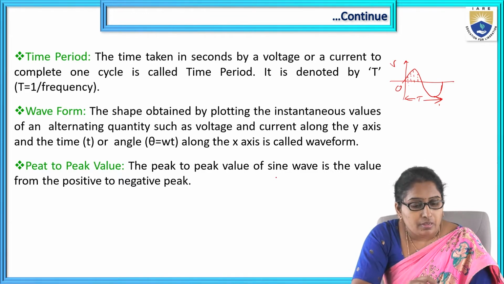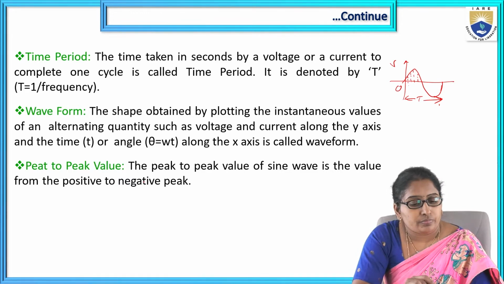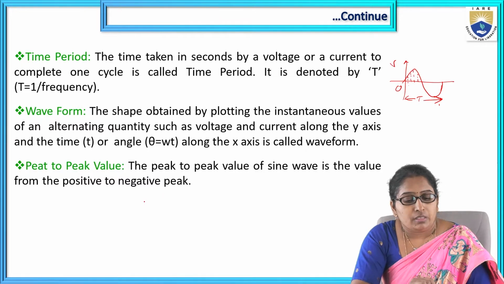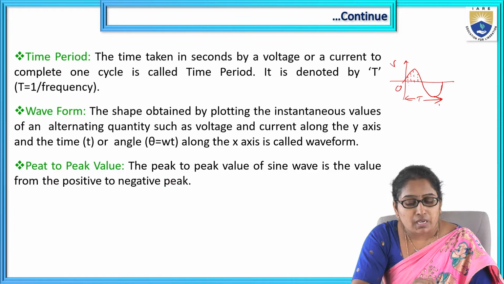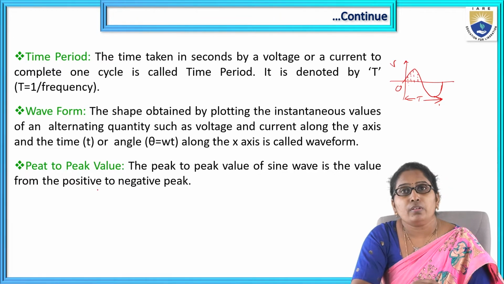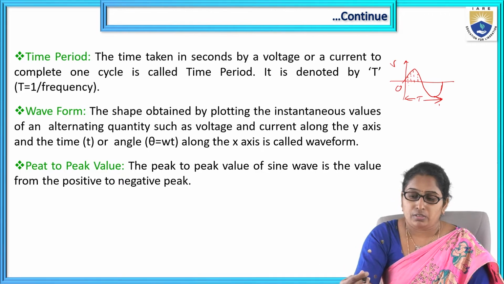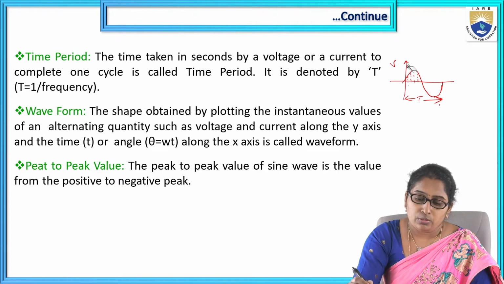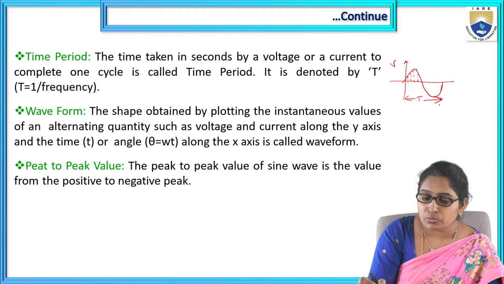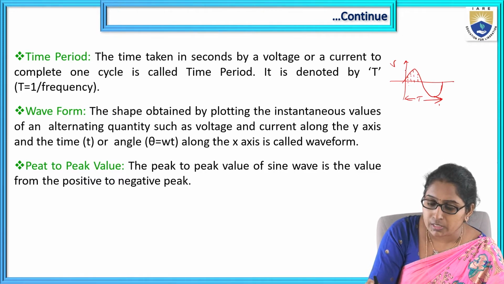Now, peak to peak value. The peak to peak value of a sine wave is the value from the positive to the negative peak.